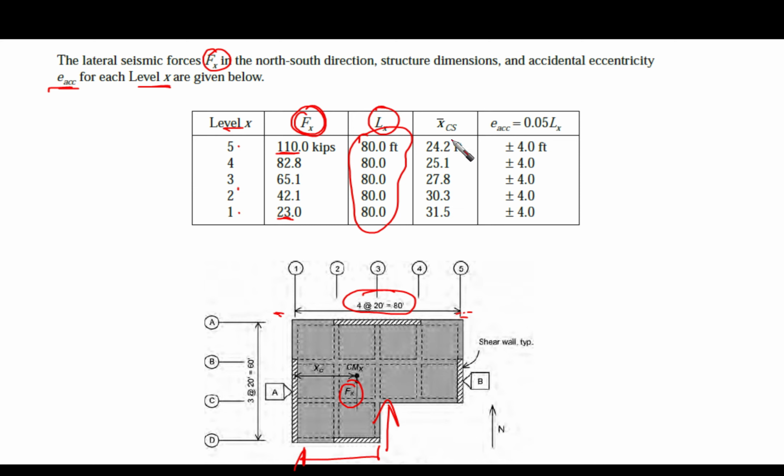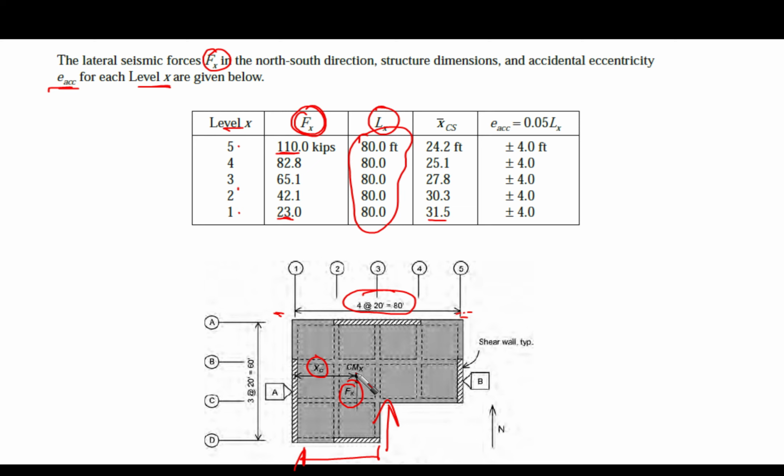And x bar cs is the distance of the force applied on the floor from the center of shear wall A. That's the point here, this is the meaning of x. We have 32 on the first floor, 30 on the second. They are different. It seems that the center of mass of each floor is different from this axis, x1 for example.